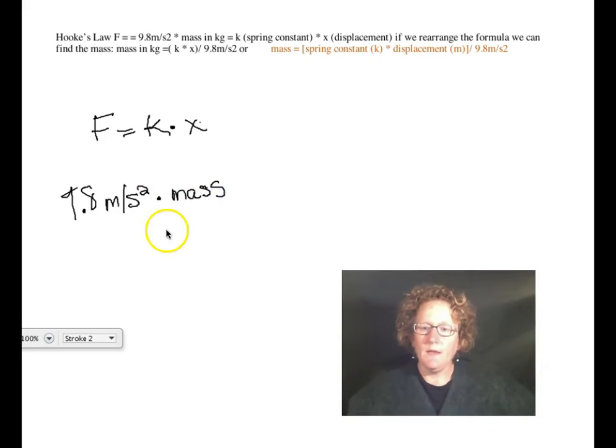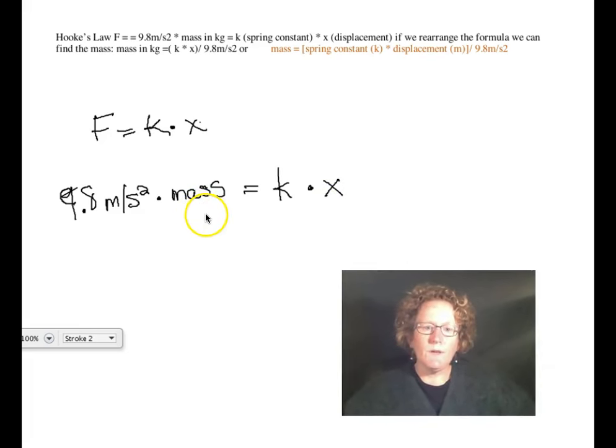We did that in the last problem. So F can be replaced by 9.8 meters per second squared times the mass, equal to K times X. So we're trying to find the mass here.